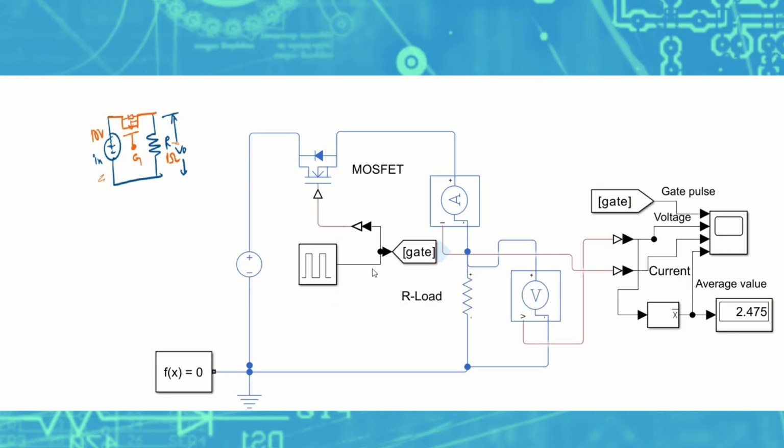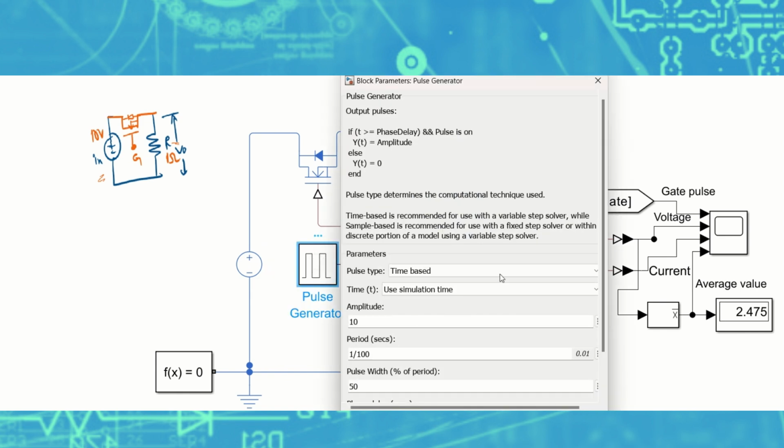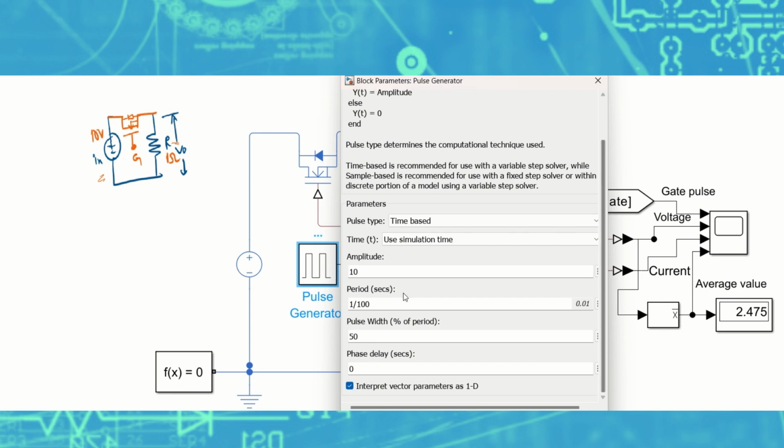So this is the circuit which I have simulated to explain the concept which I have explained earlier. This is a 10 volt input DC source, and this is the MOSFET which is being triggered by the pulse generator. For the pulse generator, the time period is 1/100, which means the frequency is 100 hertz, and the pulse width or duty cycle I have considered as 50%.